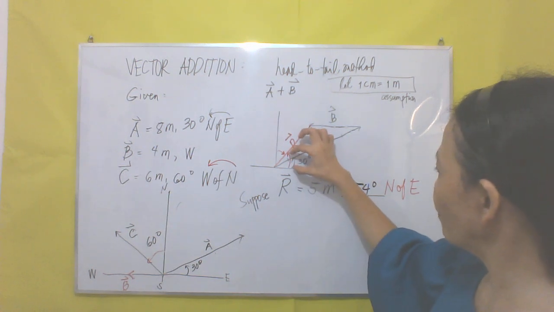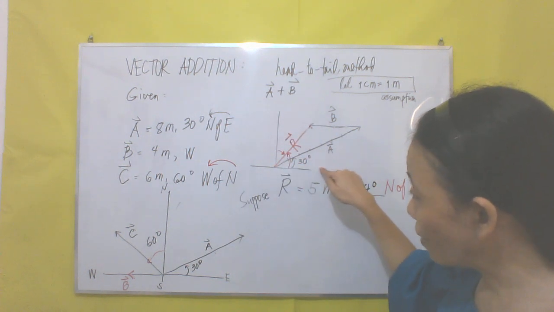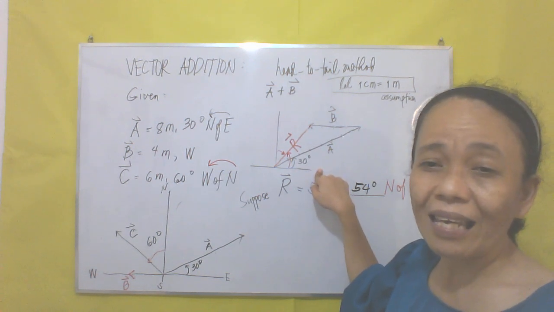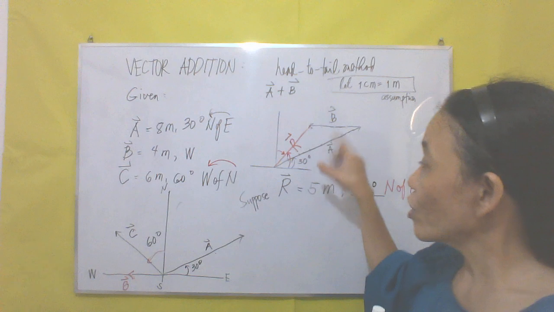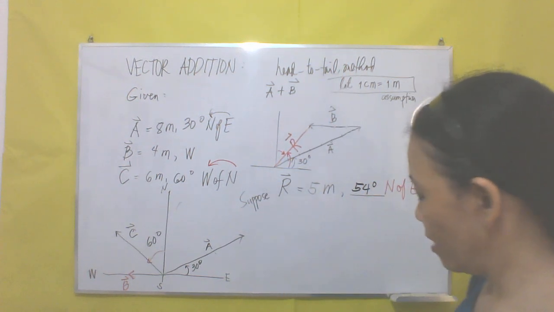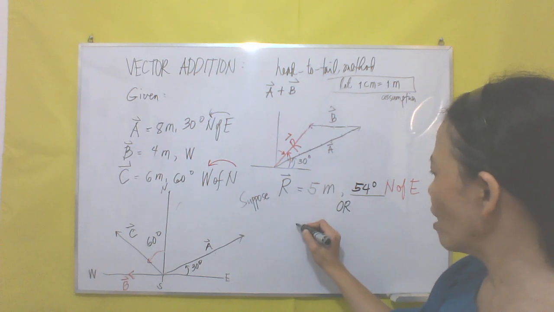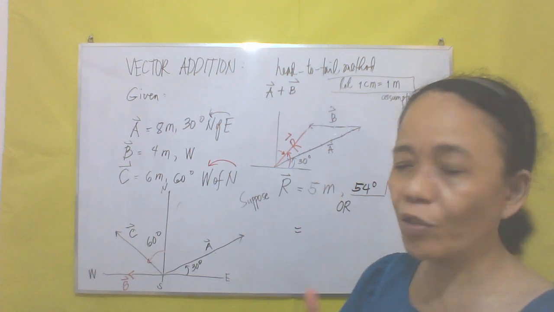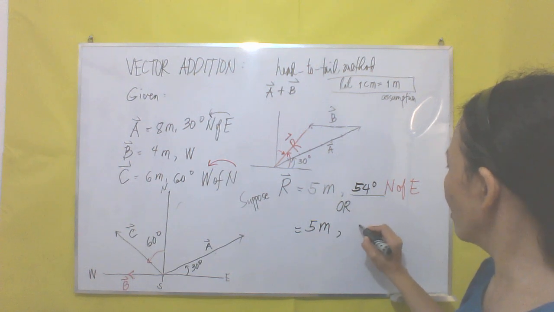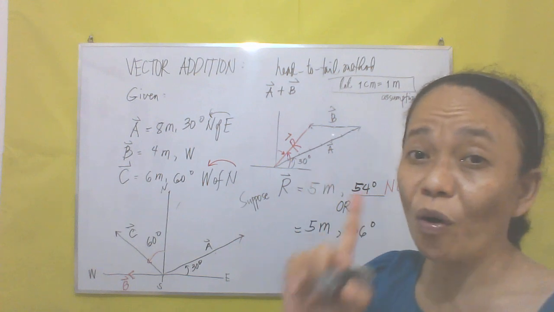If this is 54, what is the measure of this? This is a right angle, and a right angle measures 90 degrees. So 90 minus 54 is 36. The resultant vector r is also equal to 5 meters, 36 degrees east of north.